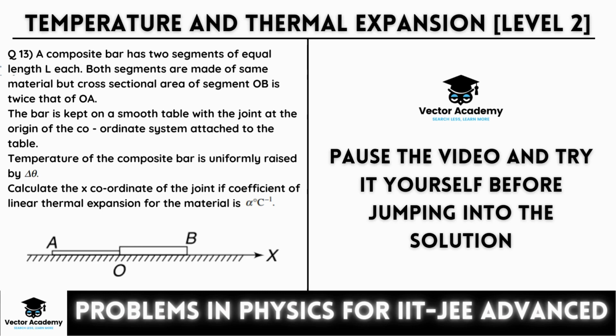The bar is kept on a smooth table with the joint at the origin of the coordinate system attached to the table. Temperature of the composite bar is uniformly raised by delta theta. Calculate the x-coordinate of the joint if coefficient of linear thermal expansion for the material is alpha per degree Celsius.